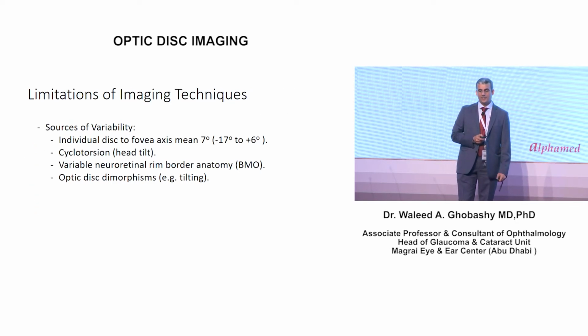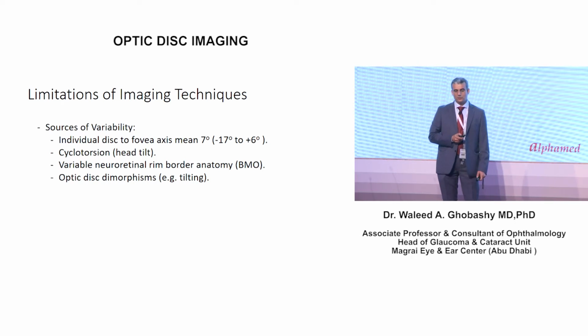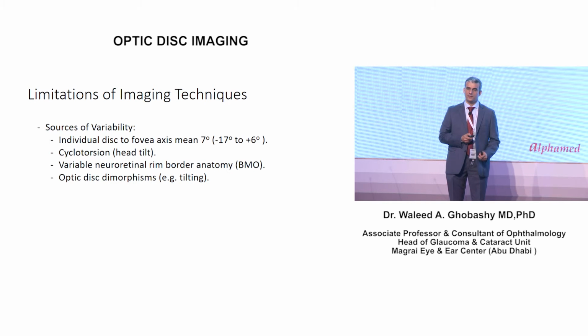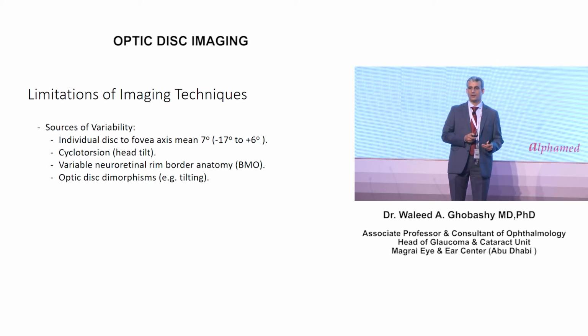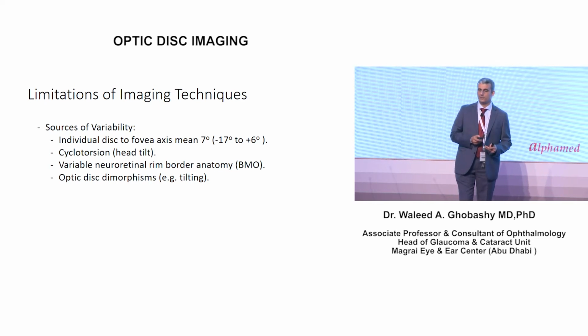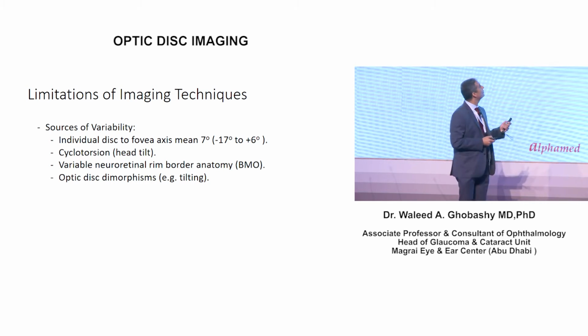Still, there are a lot of limitations of the imaging techniques. There is a source of variability because most of our machines depend on fixed data about the disc to fovea axis. We know that the fovea is usually 7 degrees below the level of the optic disc, which is not true for all patients. It's a large range.